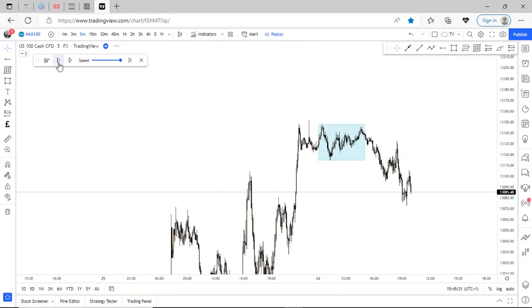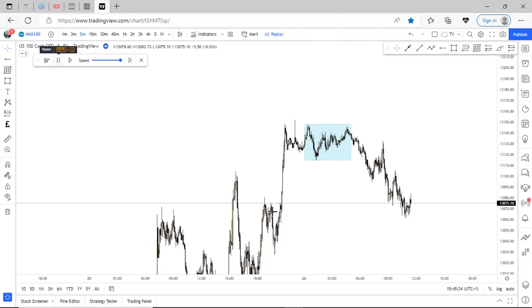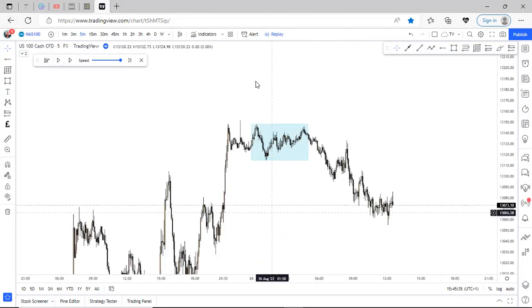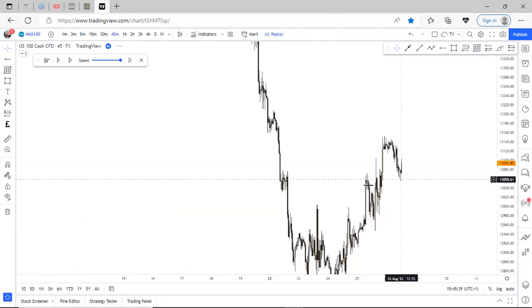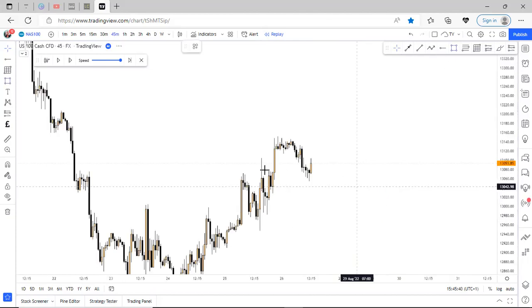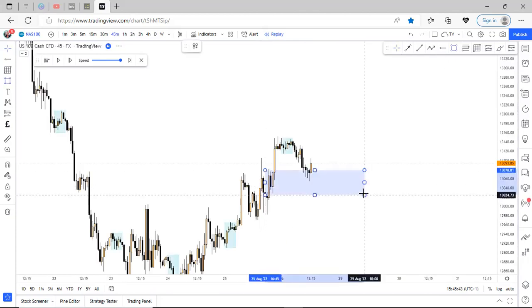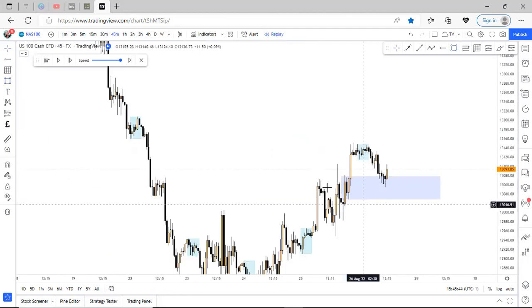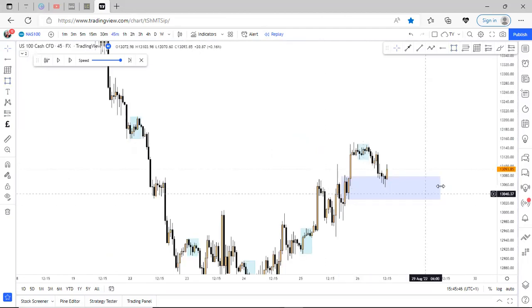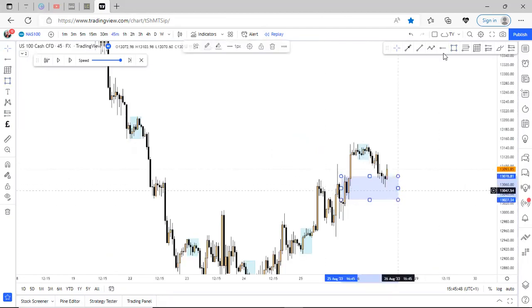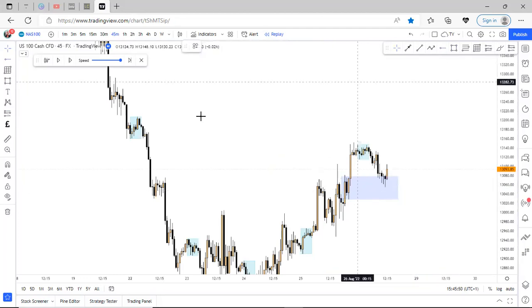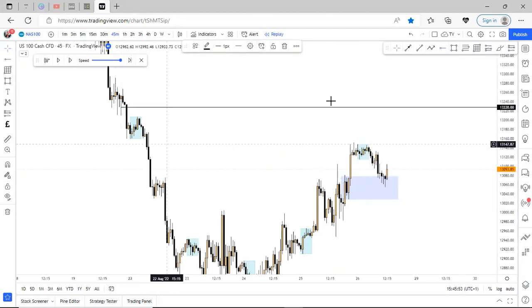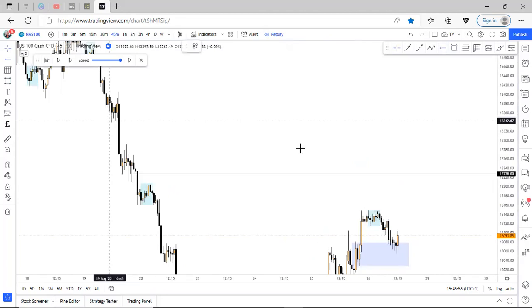Moving to the second trade I took. The second trade was a buy trade, because my bias on Nasdaq is totally for buy. I was anticipating that price needs to fill up all of this gap and all of this gap.